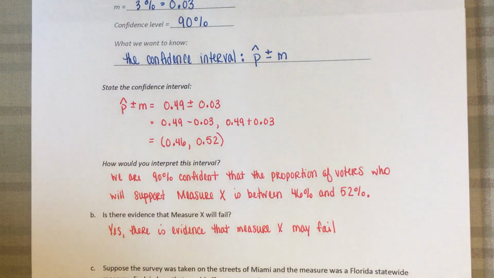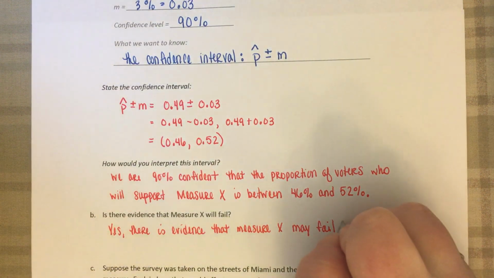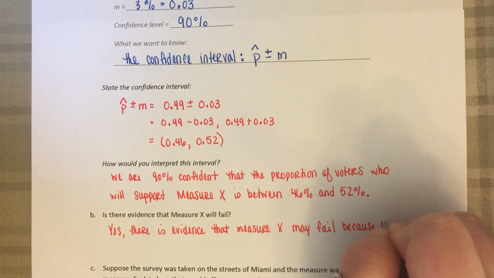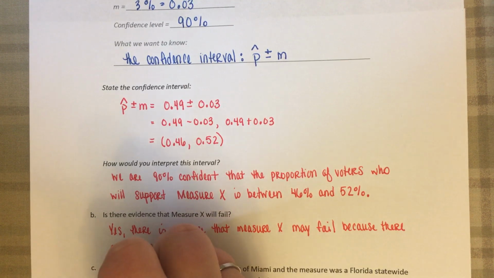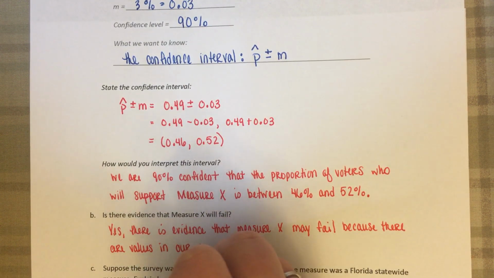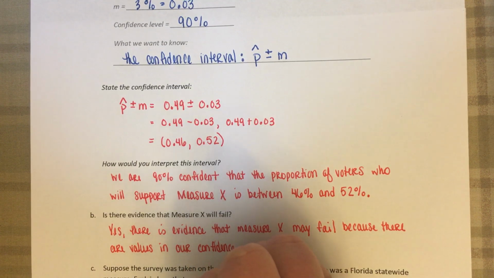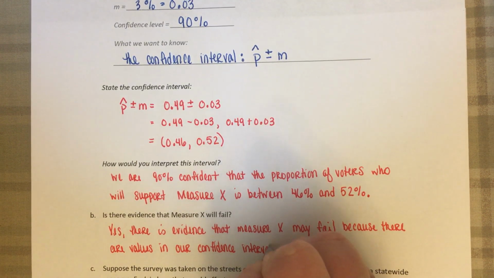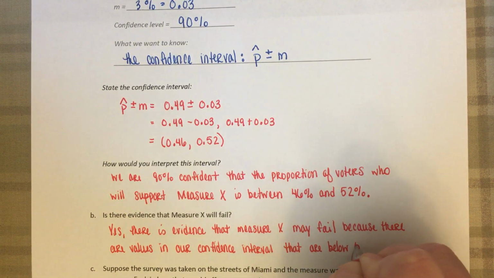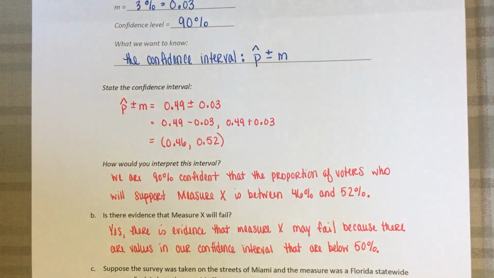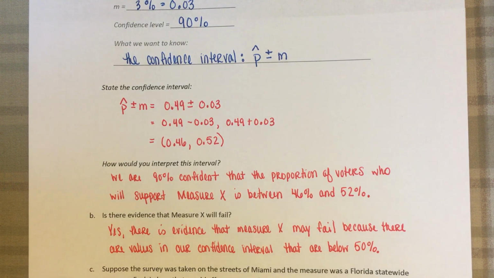We don't know for sure that it will, but there's evidence that it could possibly fail because there are values in our confidence interval that are below 50%. So Measure X could possibly fail because we have values that are below 50%. It could also pass because we have values that are above 50%, but we don't know for sure either way.